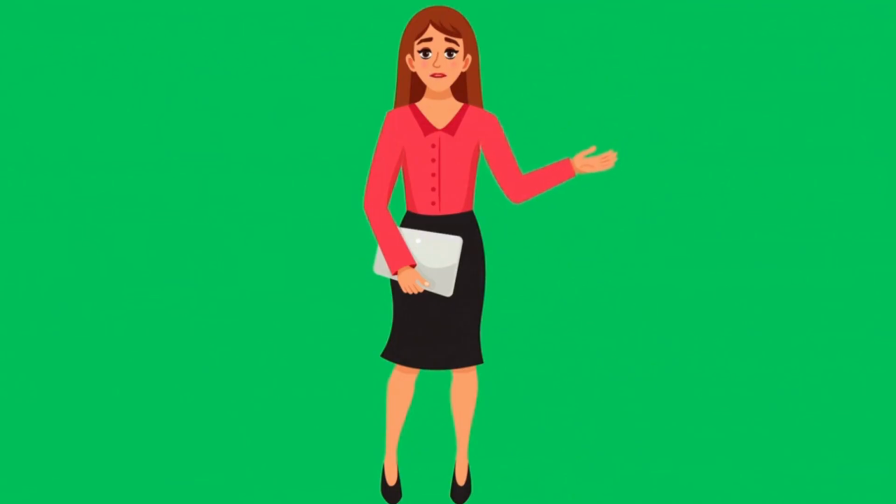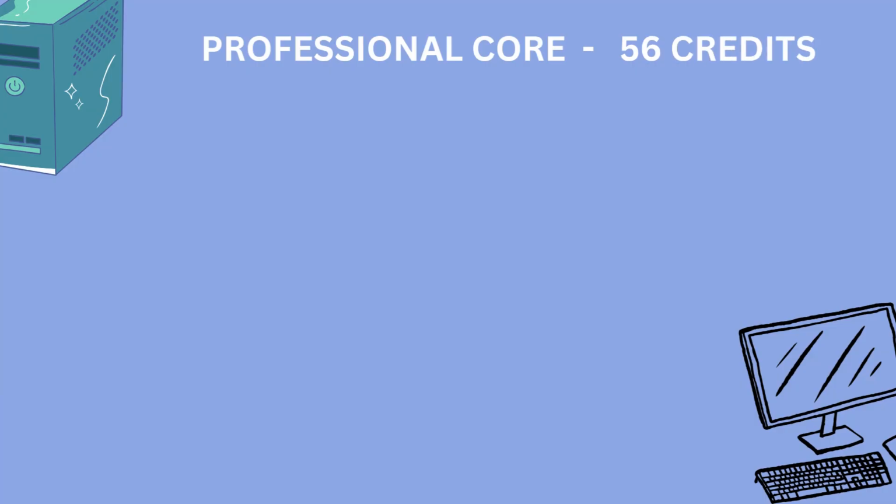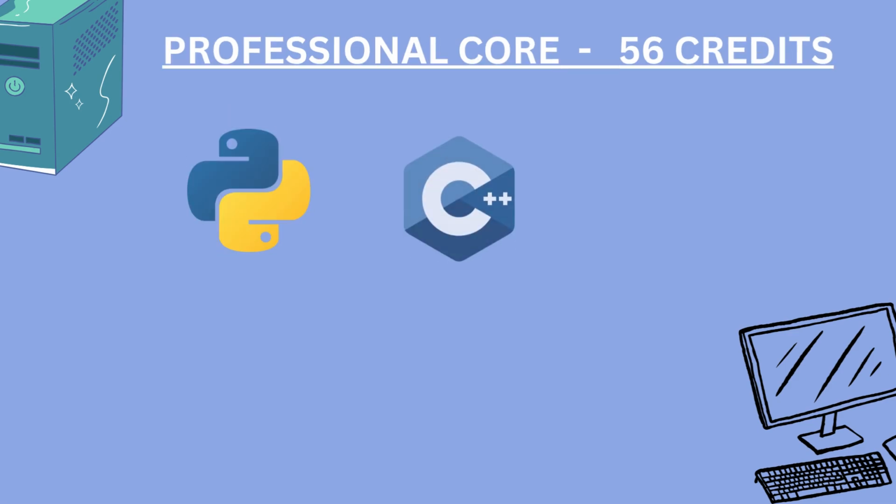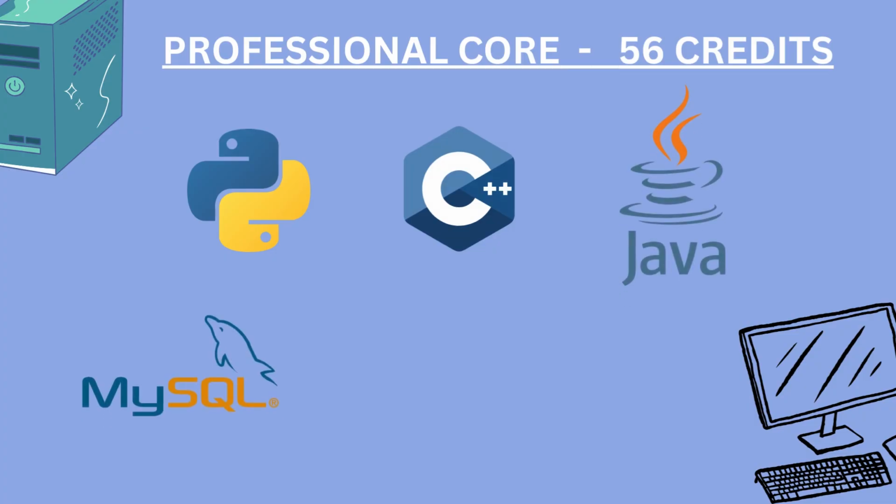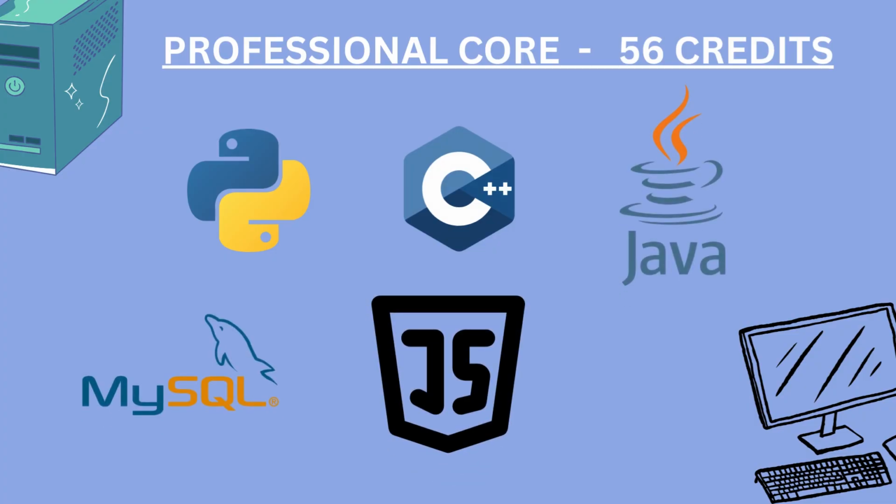Most of the colleges follow the same curriculum, but it might differ according to your university and course. The maximum weightage is carried by your professional core subjects. Since I'm speaking about the computer science course, I'm going to be sharing a few computer science professional core subjects like Python, C programming, Java, SQL, JavaScript, and other programming languages which are basically important for your programming career.